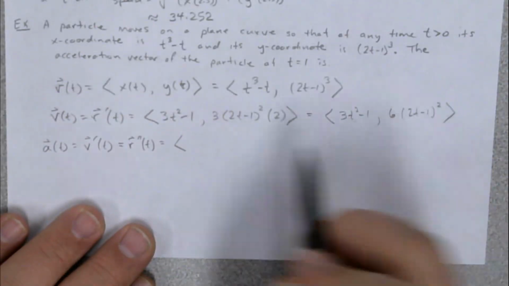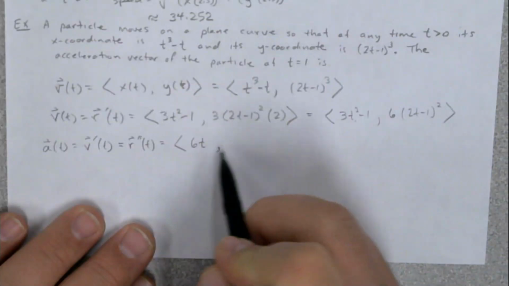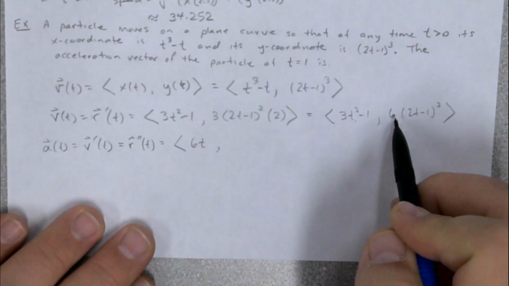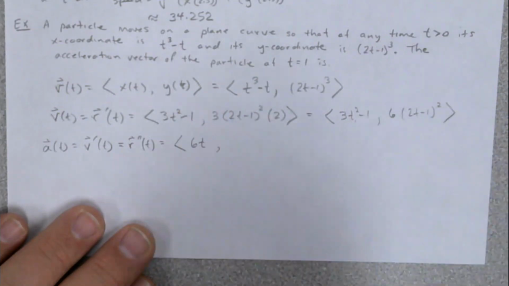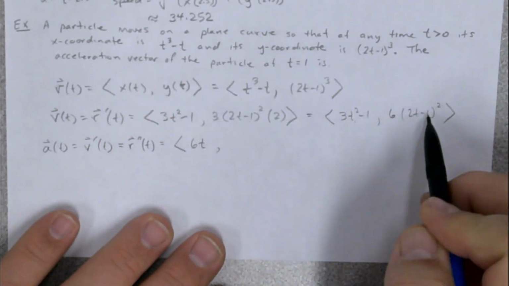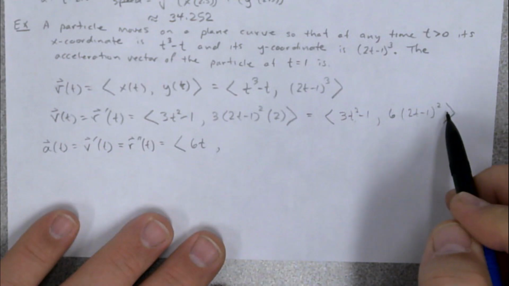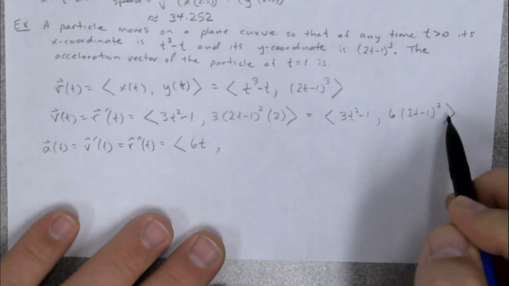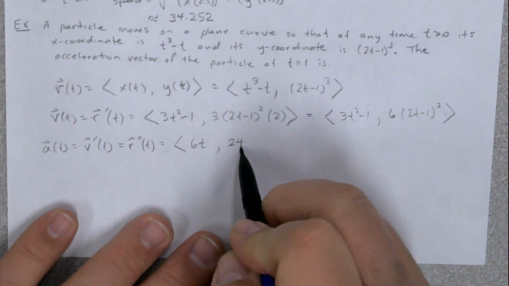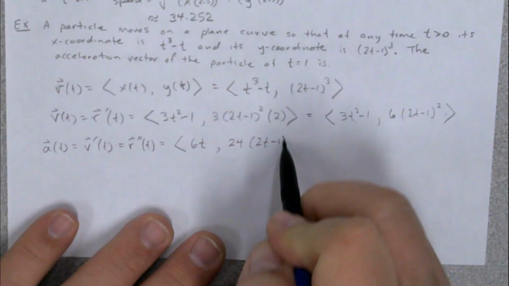Take the derivative of this, 6t, and take the derivative of this, which is going to be 12 times that quantity, and then times the derivative of the inside, which is another 2. So it's going to be 12 times 2, and so you're going to get 24 times 2t minus 1.